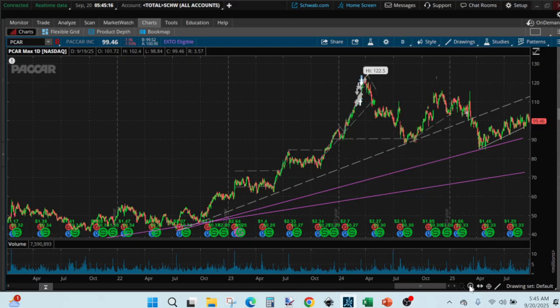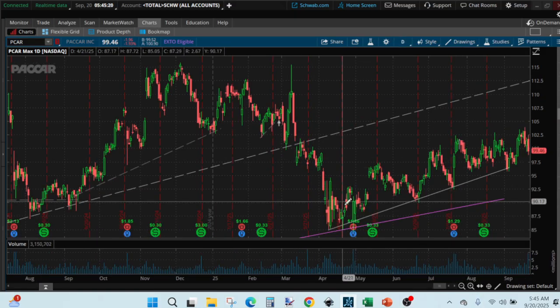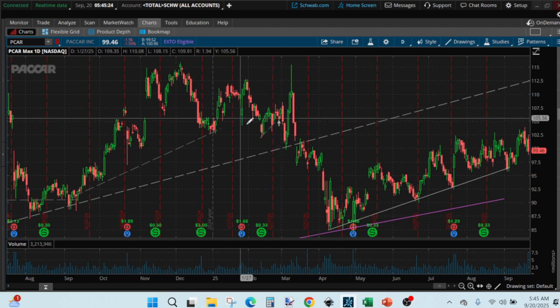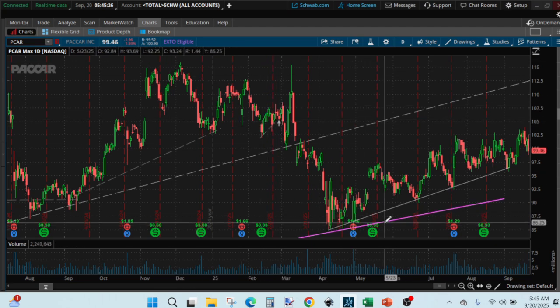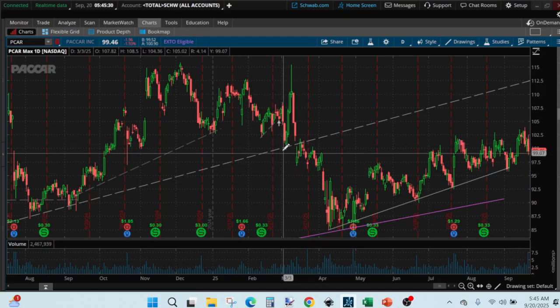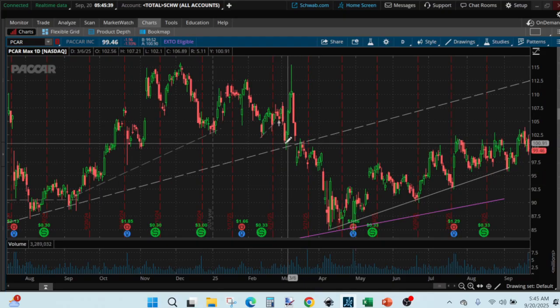And now let's zoom a little bit closer, so you can see that when it's coming down to this purple line, it is making lower lows. For instance, this low is lower than this one, although this one is higher than this.